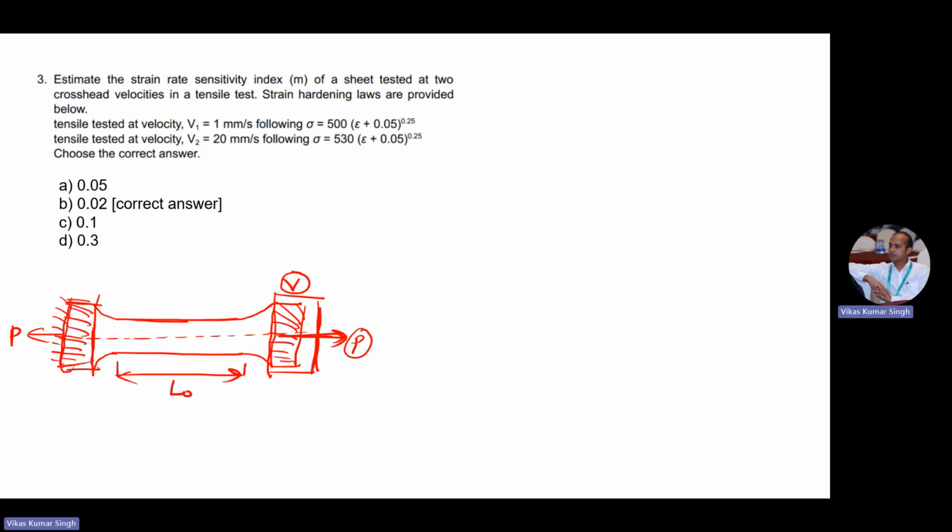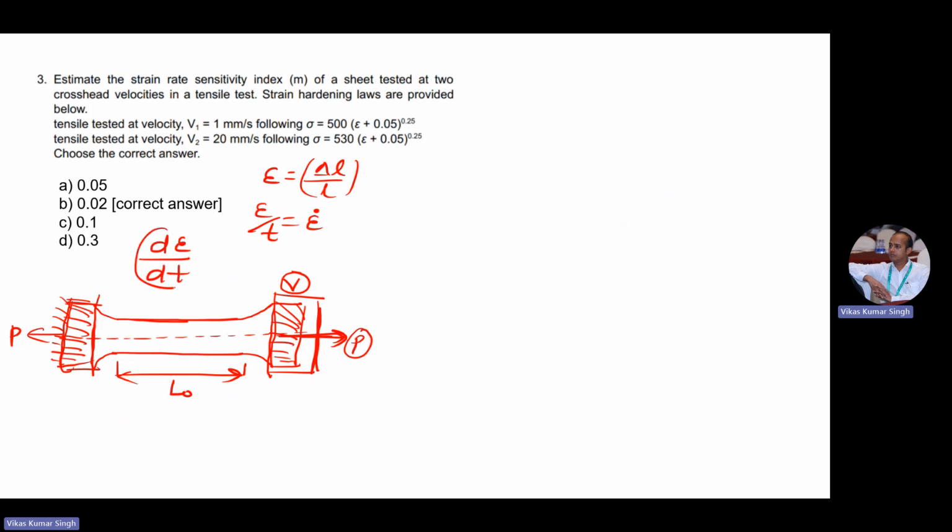If you remember, what was strain rate? Strain is delta L by L, and I am introducing rate. Rate means strain with respect to time, and this is denoted by epsilon dot. Generally people also write strain rate as d epsilon by dt.